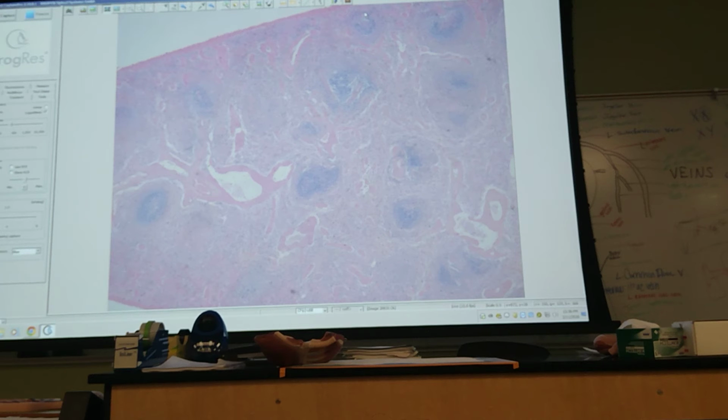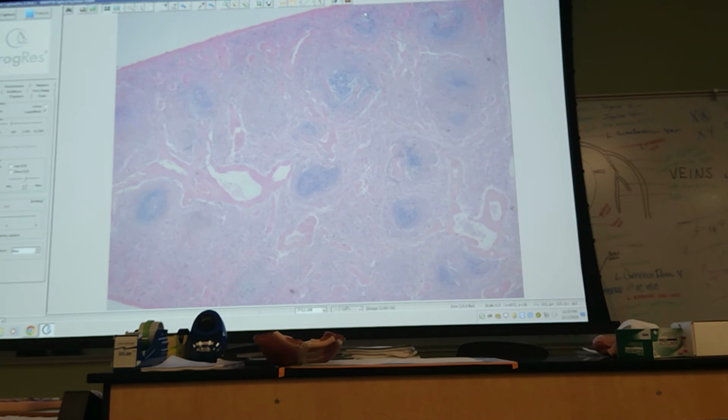Everything in between the round bluish areas is considered red pulp. Questions on spleen? We good?